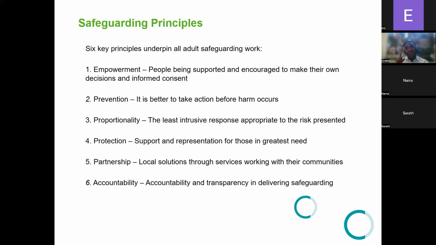Mr. James has to be able to give me his consent. Yes, I am. So can he support me out of bed? I can't force Mr. James to get out of bed and bath him. No. So they need to be empowered to be able to speak out in terms of making decisions and giving consent for things to be done for them and on their behalf.